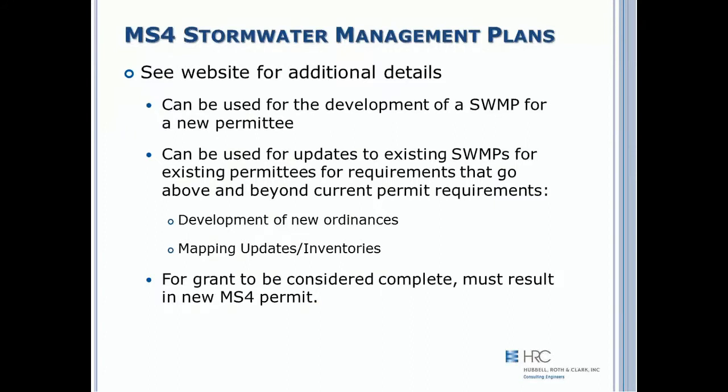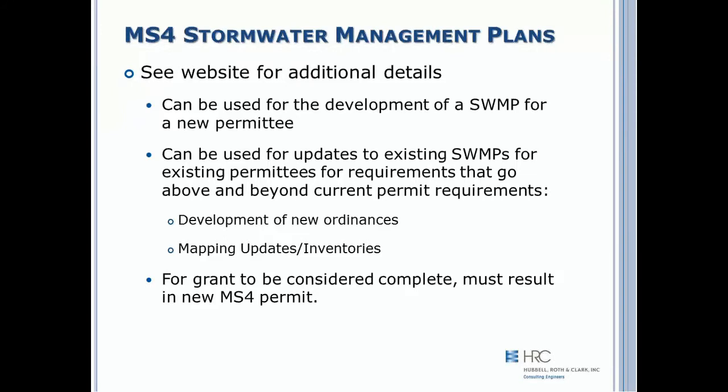This grant program can also be used for MS4 permitting. It can be used for a new permittee for the development of the entire stormwater management plan. So any communities that are not currently covered under permit but may be required to have a permit in the future can develop their entire plan using this program.